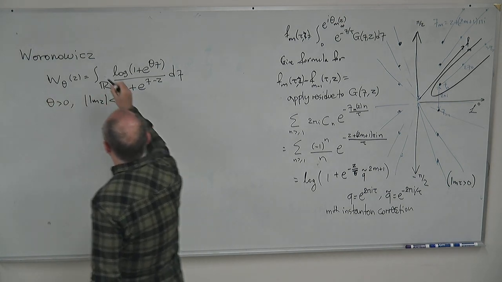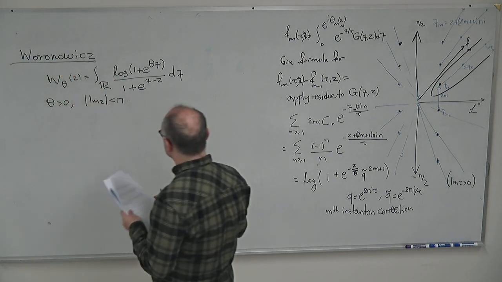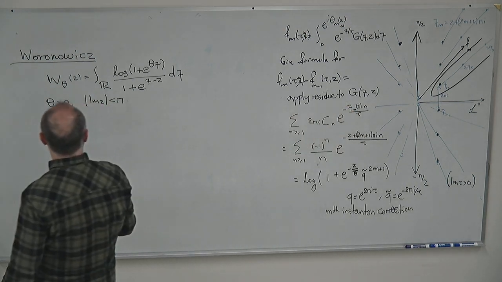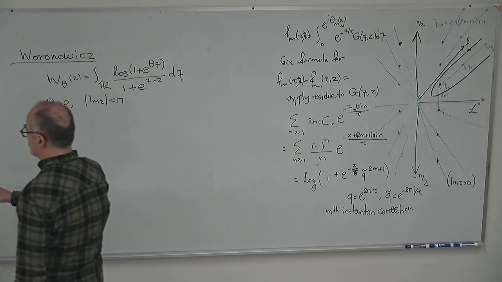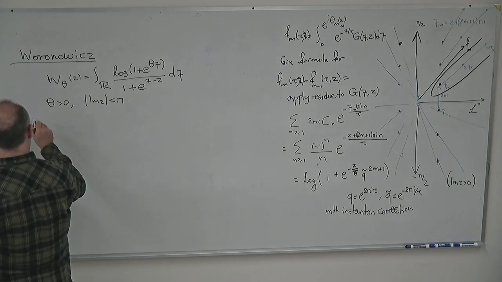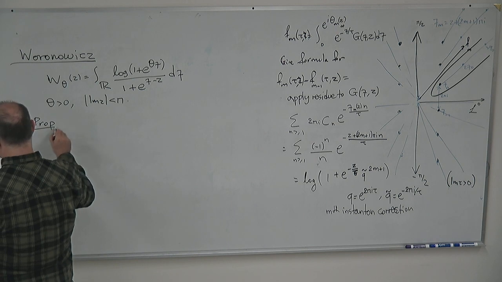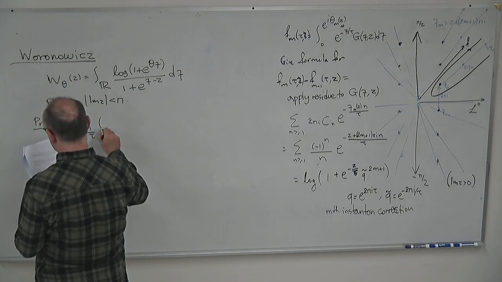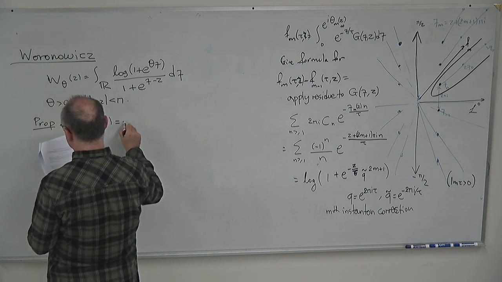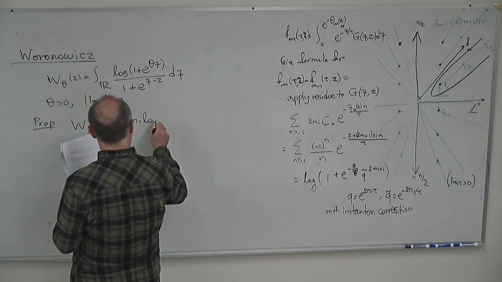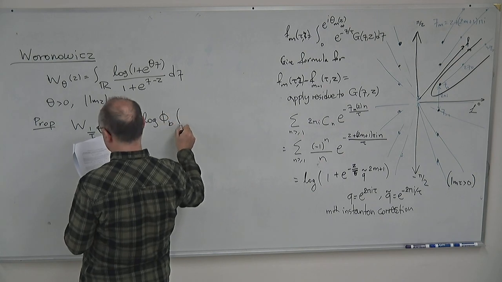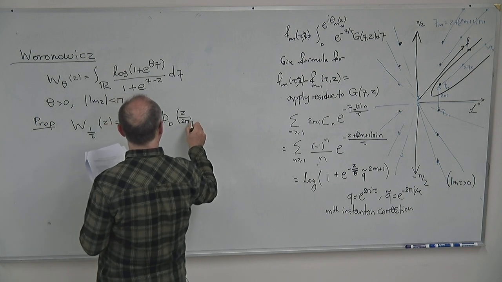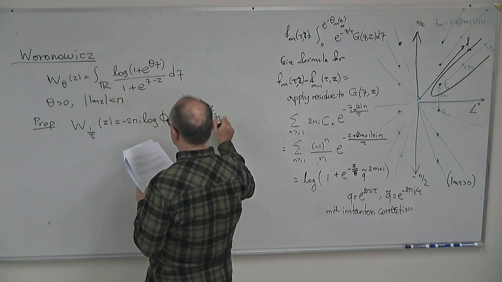So he introduced this function here, which does not look like a Laplace transform and does not look like the logarithm of the quantum dilogarithm, but the proposition is that if you take Woronowicz at 1 over tau at z, you get minus 2 pi i log of phi b of z over 2 pi b, when b squared is tau.